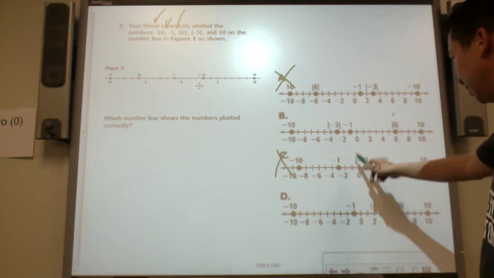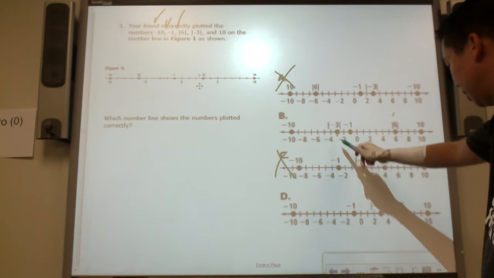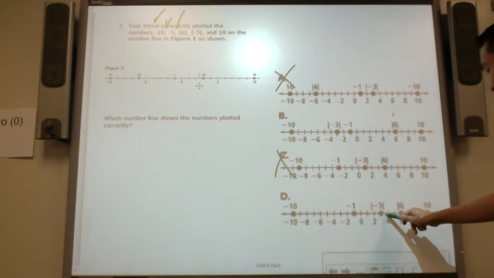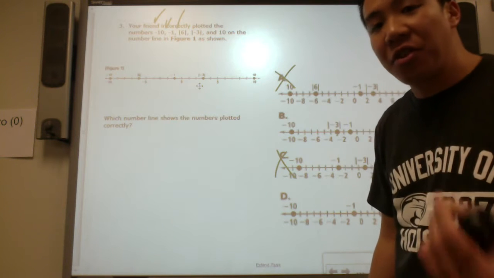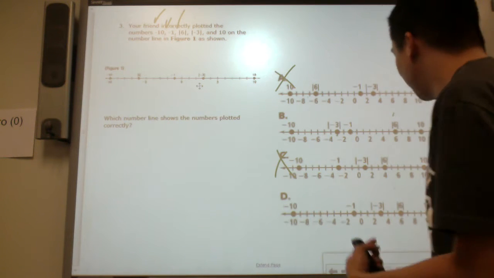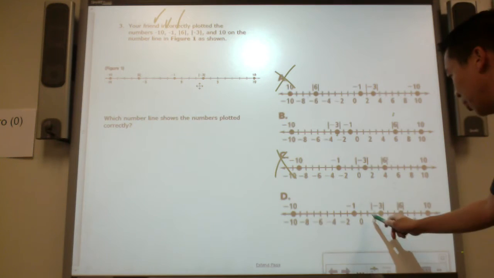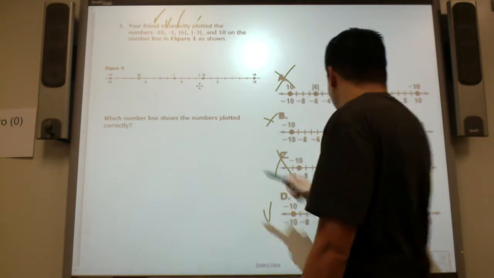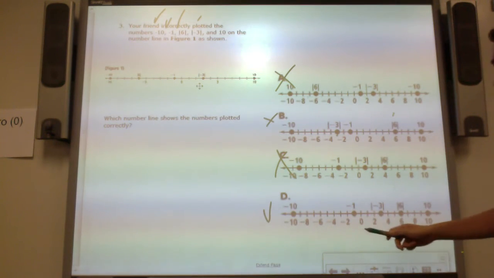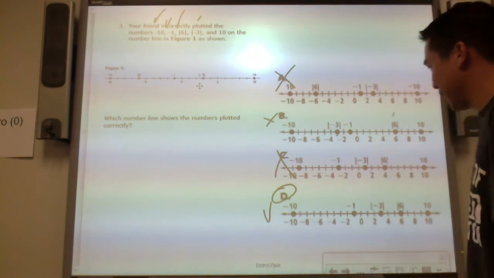Negative 3 is right here, but it was plotted at negative 3. So what is the absolute value of negative 3? 3 units. So this one is wrong. I think D is the answer. Let's just make sure. 10 is 10, 10, 10. So D is the answer.